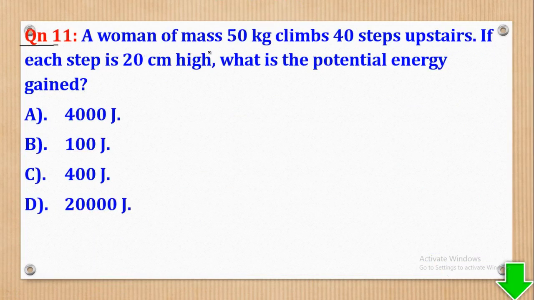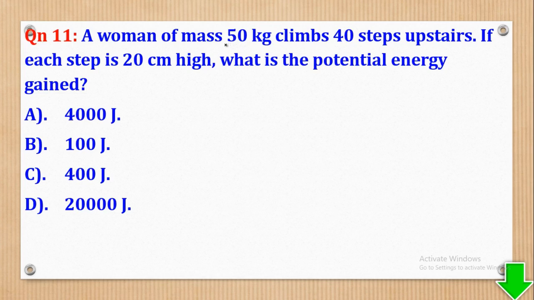A woman of mass 50 kilograms climbs 40 steps upstairs. If each step is 20 centimeters high, what is the potential energy gained? Option A, 4,000 joules, option B, 100 joules, option C, 400 joules, and option D, 20,000 joules. So we need to do some calculations.